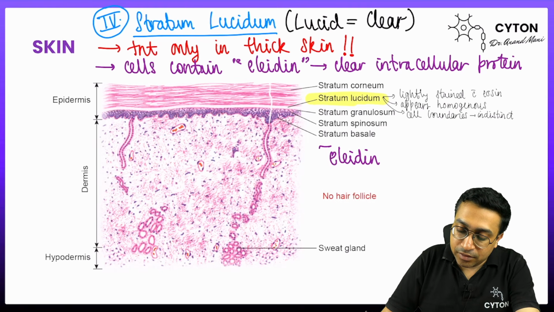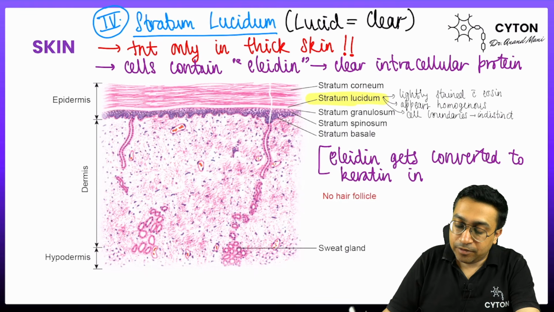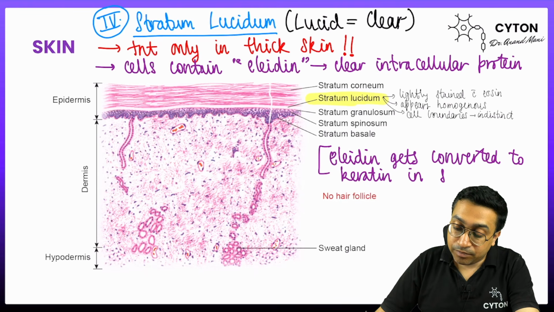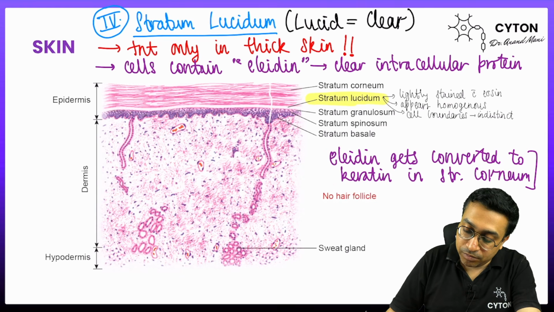Eleidin gets converted to the keratin in stratum corneum. Okay, so this is another point to remember.